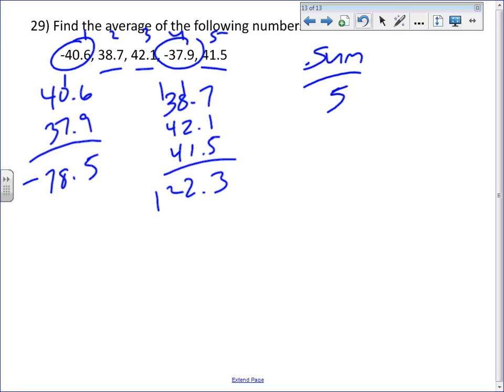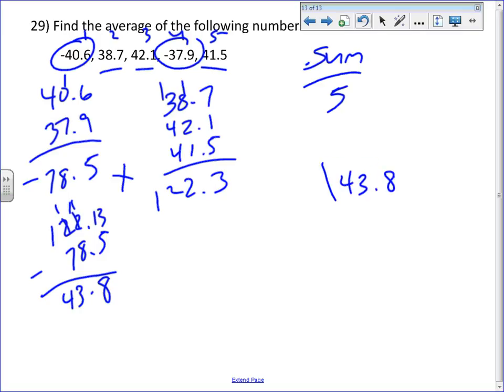So if I add these two numbers together, you have to keep the sign of the bigger one as a positive, and you have to subtract. Into 43.8. Don't forget, 43.8 divided by 5.